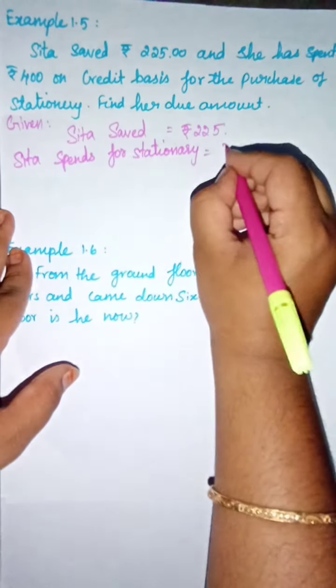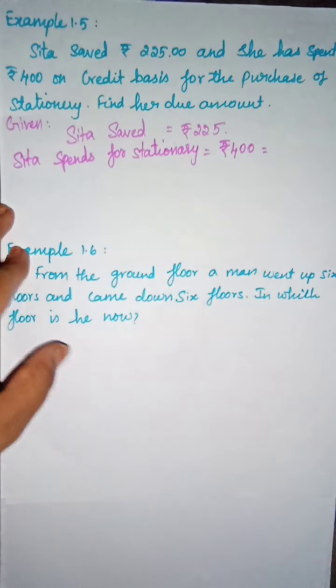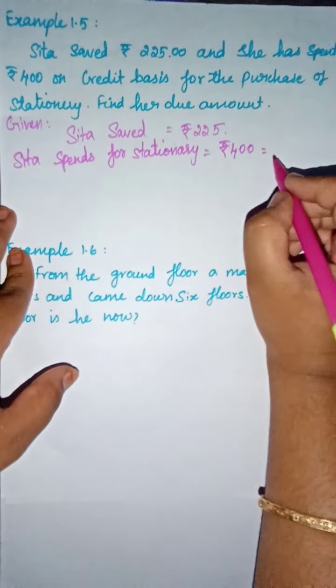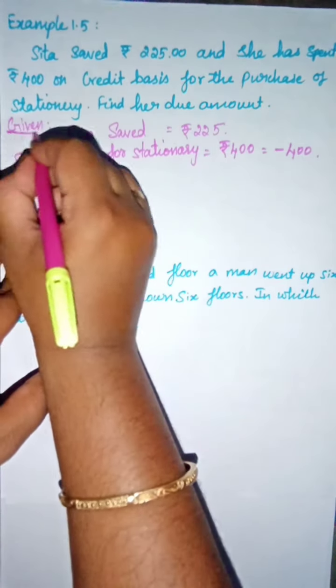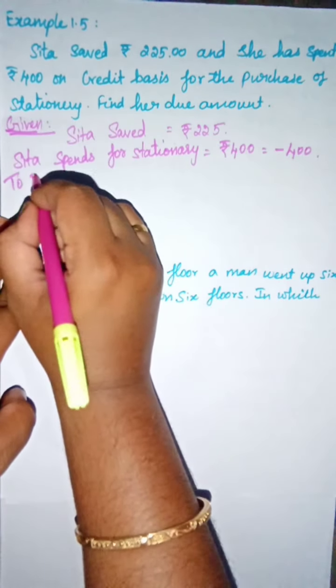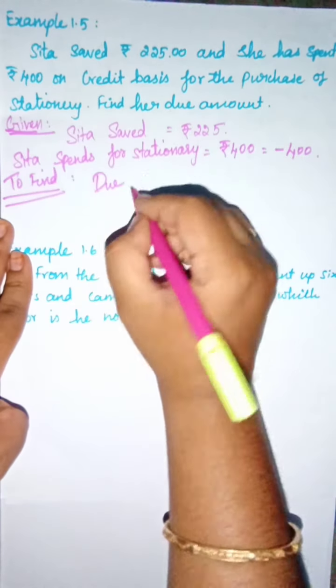How much? Rupees 400. So how do we write it? Spent. The amount has gone from our hand, so when spending it is minus 400. Okay, find her due amount. To find what? To find the due amount.